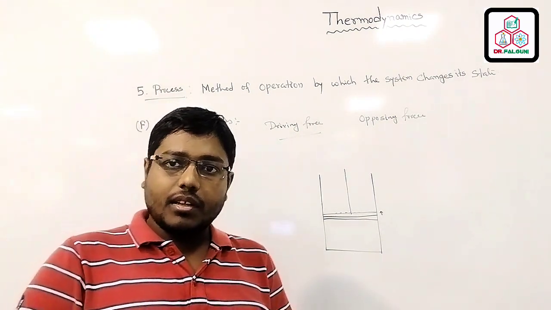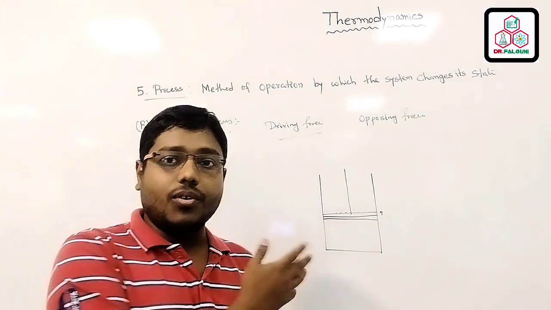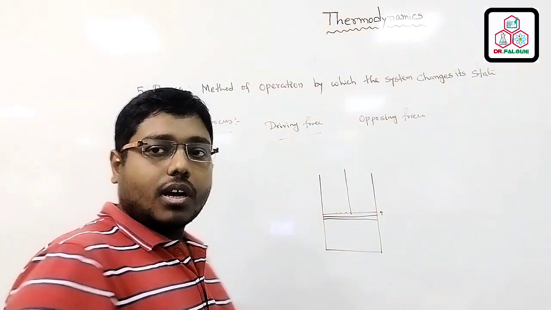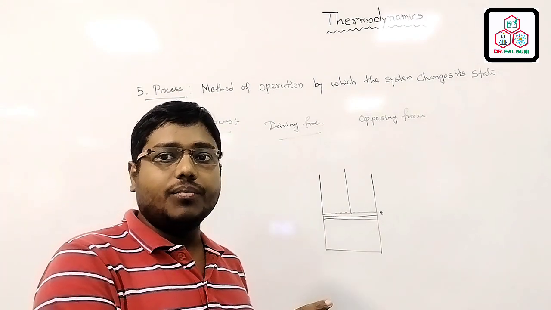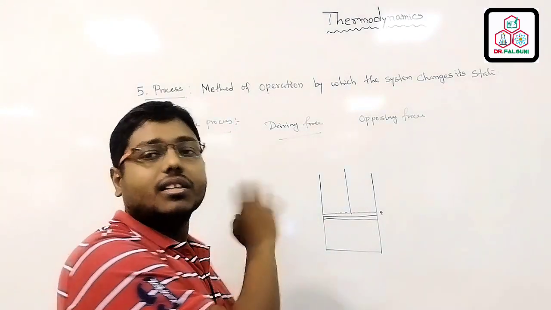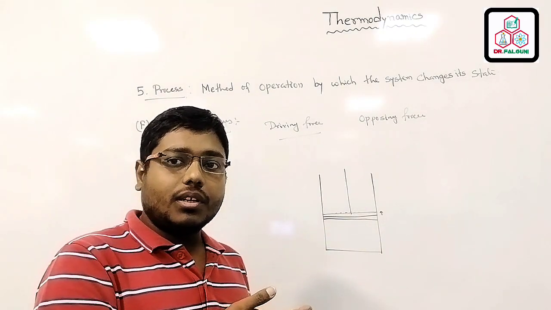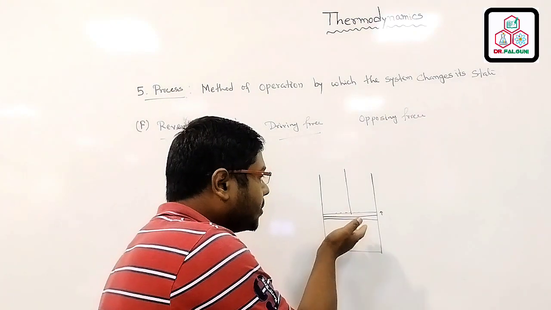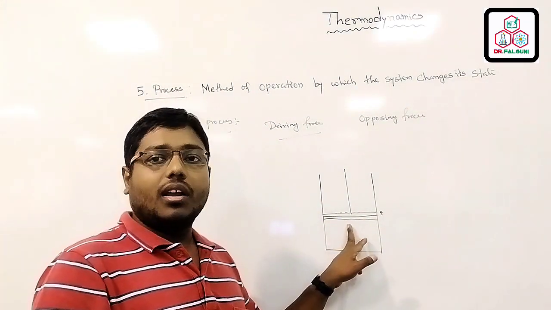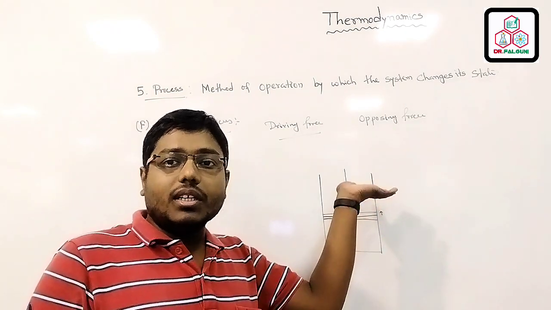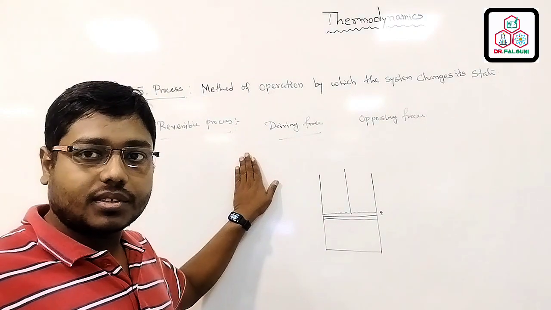That means the driving force and opposing force are very small. If you release the driving force, the opposing force operates on the piston and the system will go to its initial stage. So this is called reversible process.